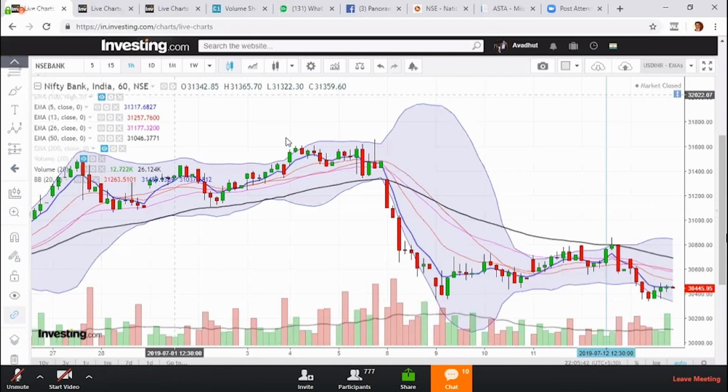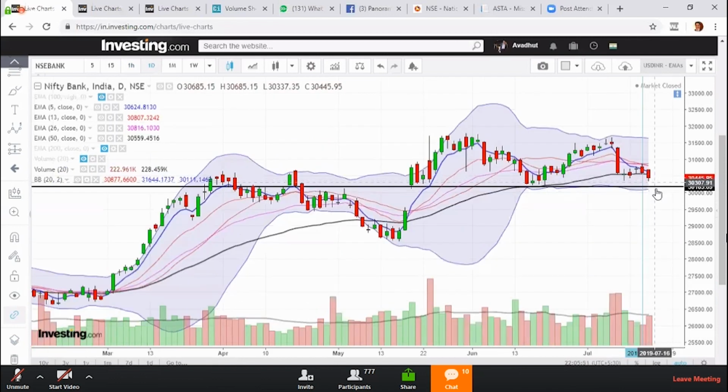If there is a gap down, let's say, and the Bollinger gets challenged on the downside, then I would really be bearish on Bank Nifty. But since the bands are flat, and now from the upper end of the channel the price is near the lower end of the channel, or the lower end of the support, I want to be cautious on my shorts, and don't want to be overly bearish here.